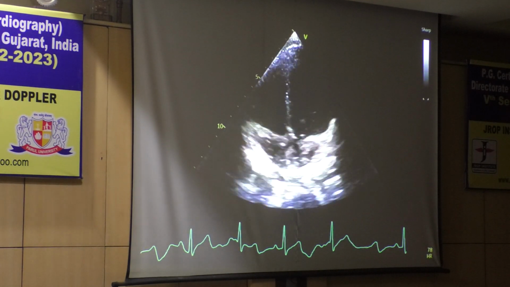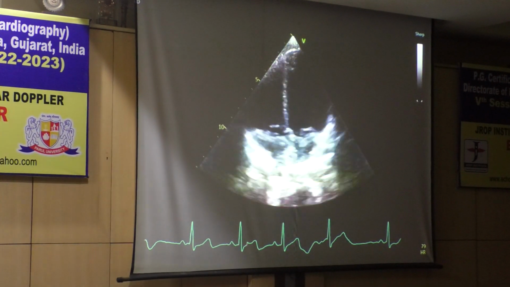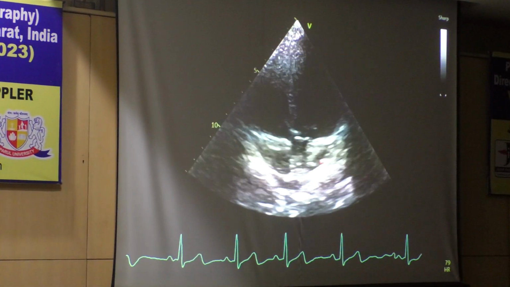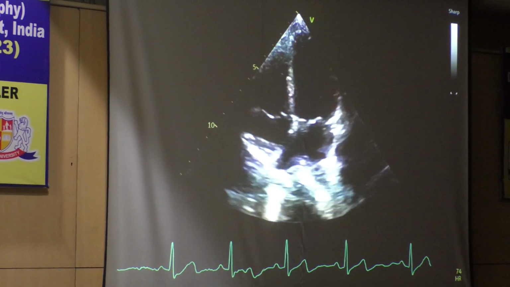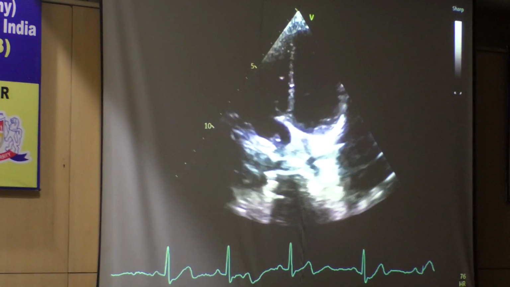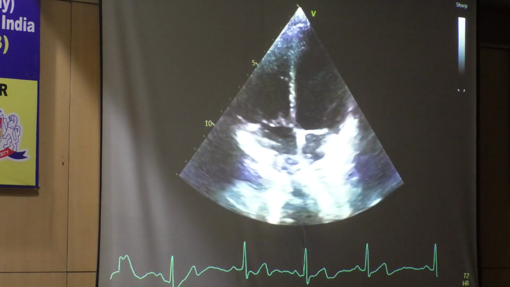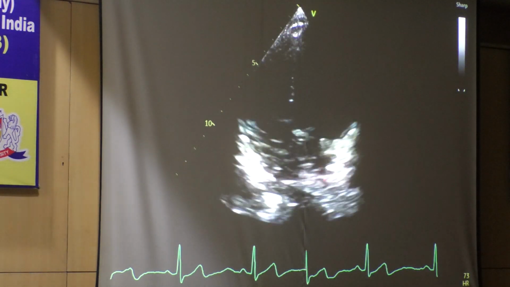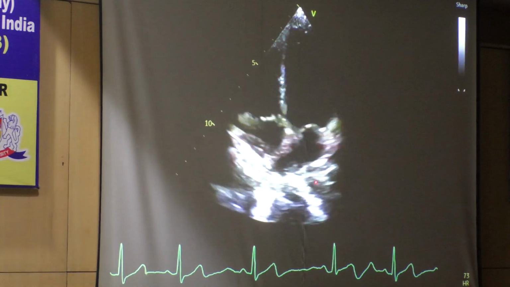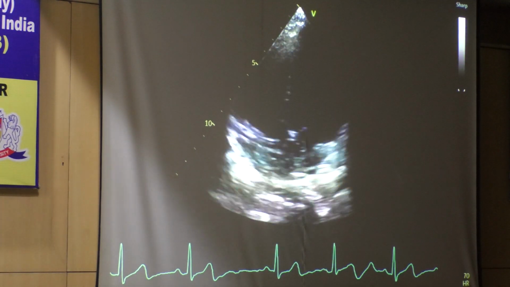Dr. Neeraj, can you show the left atrial appendage? Yeah, it's the left atrial appendage which you see over here, and then we identify the various veins which are draining into this left atrium. The best part of looking at these veins is to look for color flow.